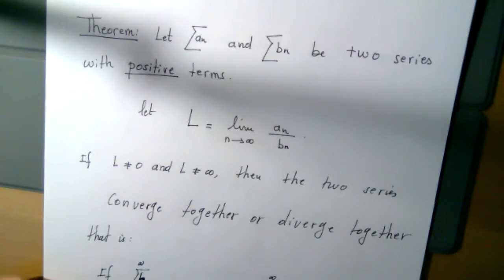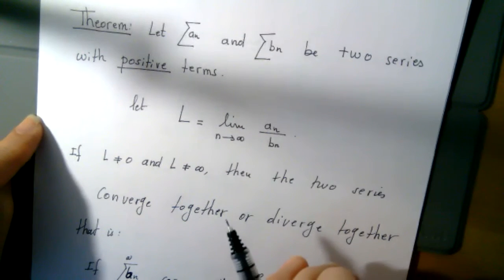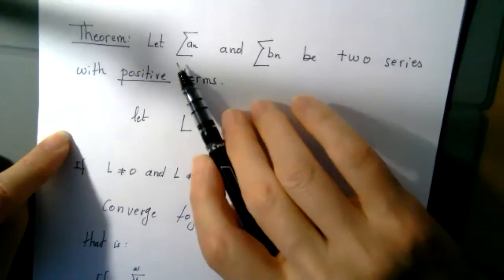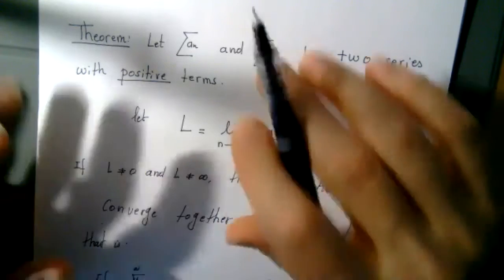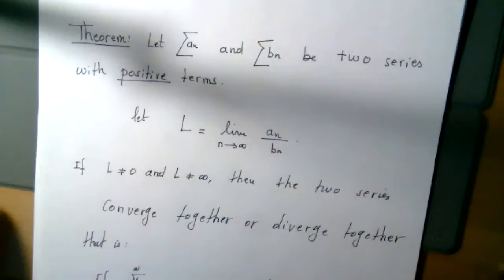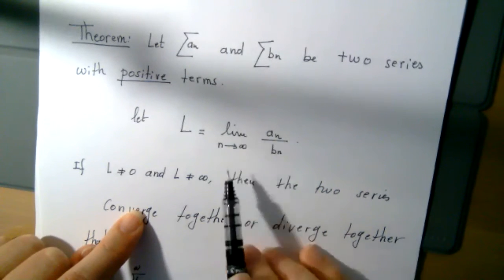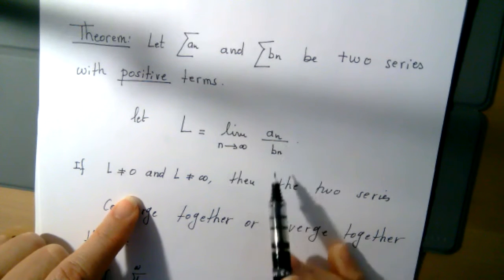We're going to state a theorem called the limit comparison test. It tells me the following. Suppose I have two series with positive terms. The test requires the series to have positive terms. And let L be the limit as n tends to infinity of the ratio between a_n and b_n.